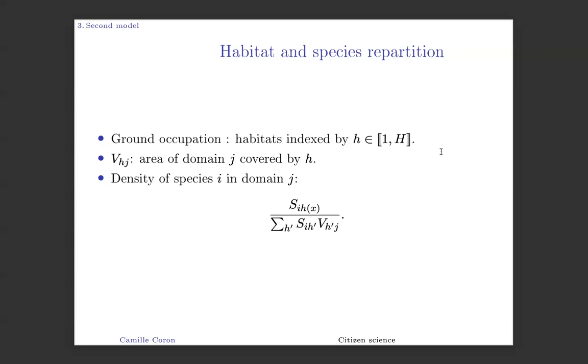For the real data that we consider, it is the ground occupation, which I will show you next. And we assume that the density of a species i in the region j is proportional to some preference parameter, s_ih, which quantifies the preference of a species i for the habitat h.